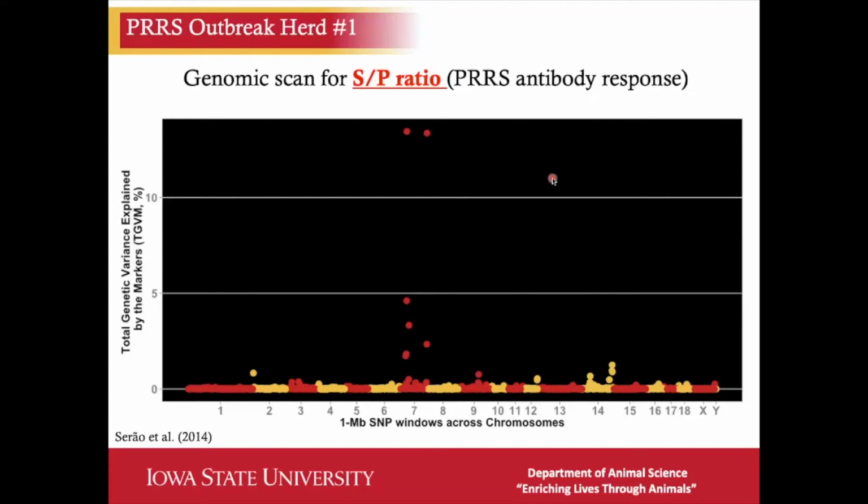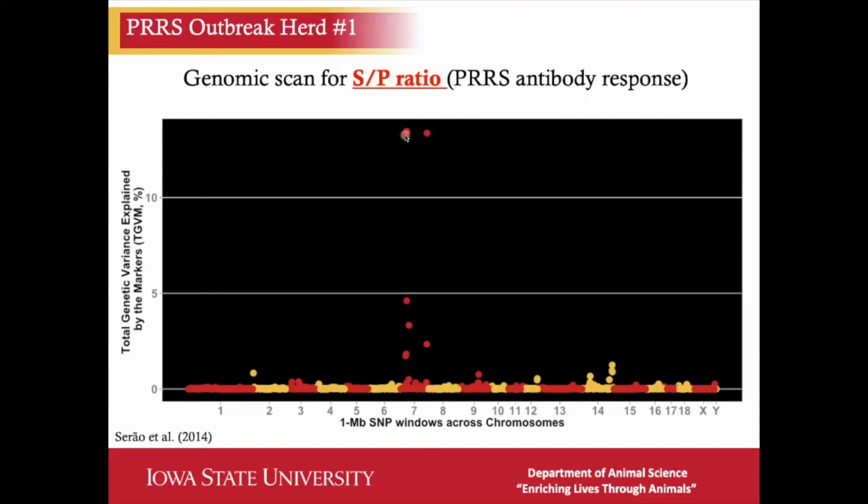And we can do what we call a genomic scan. So we can try to find across the whole genome, across all the chromosomes, if there are any regions that contribute to variation in antibody response, in SP ratio. And the higher the dot, the greater the effect of that region of the genome on SP ratio.